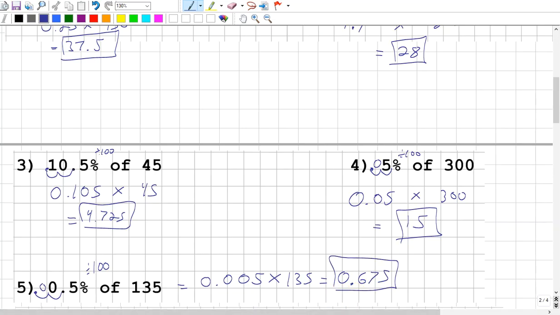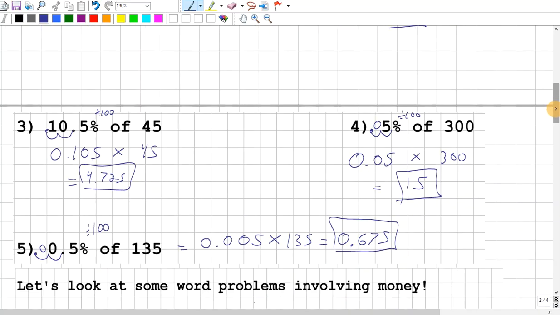So you can see that that value of 135 gets reduced quite a lot to 0.675. It gets slashed because my percent is so small. So multiplying by small percents makes the value very small. Multiplying by percents that aren't quite so small doesn't cut the value down as much.